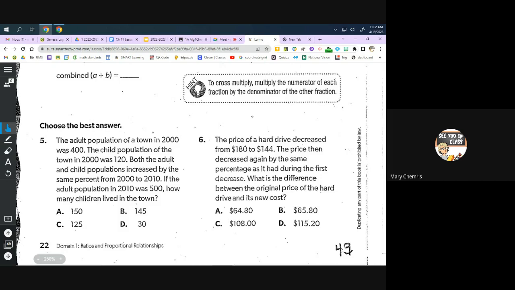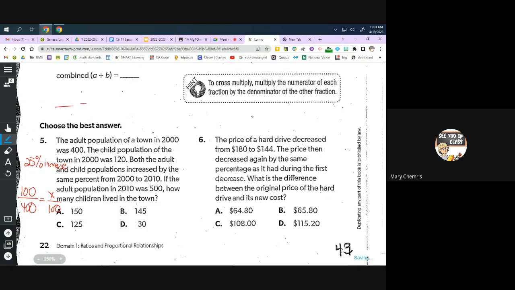So the change in the adult population was 100 and the original adult population was 400. So that means this increased by 25%.